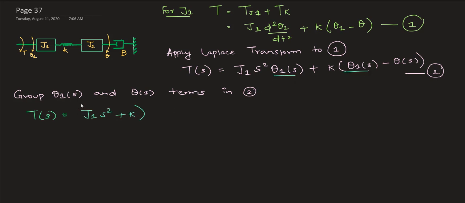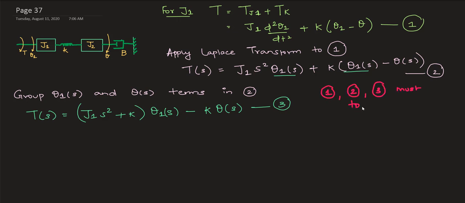Now we will group the terms. The next step is to group theta 1 of s and theta of s together so that we can substitute to compute the transfer function. We will be getting two equations for two masses, or two inertia blocks J1 and J2, and we are going to take one of those equations and substitute it in the other to get the transfer function of the entire system.